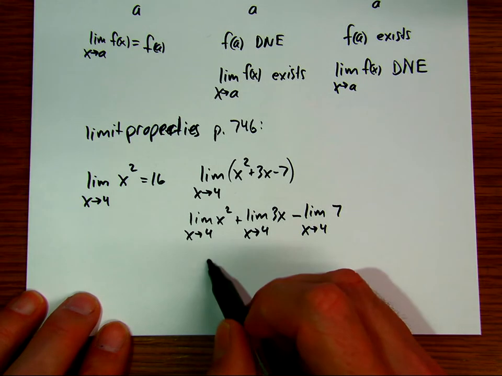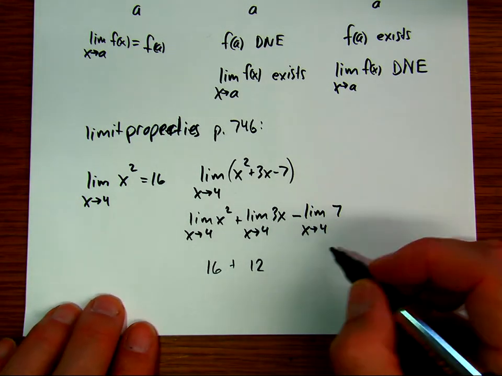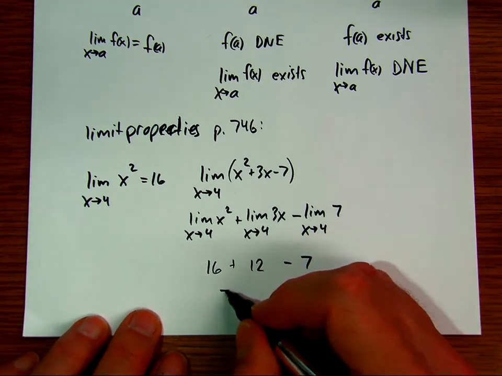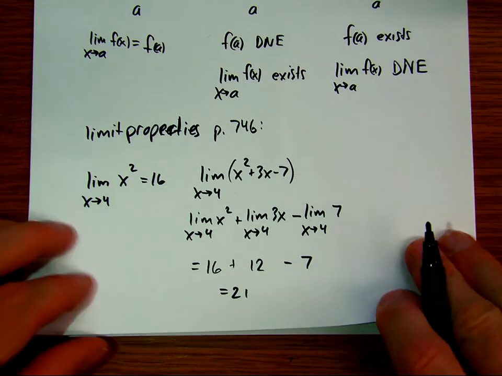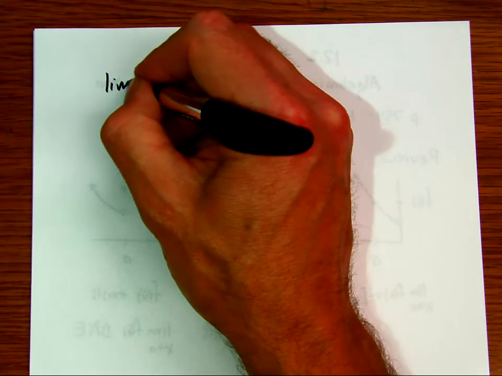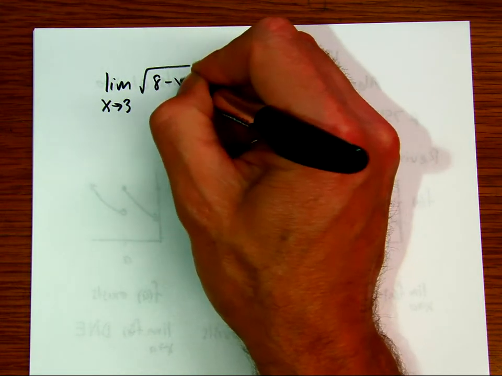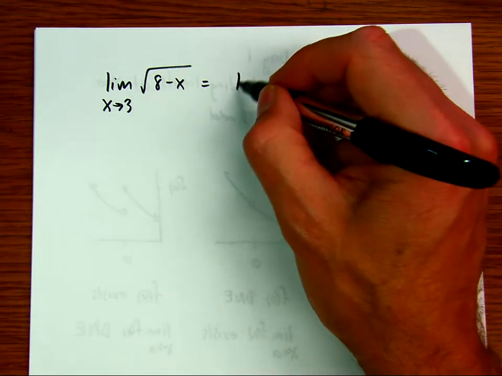So the limit of this is 16. We put a 4 in there, the limit is 12. And as x goes to 4, 7 just stays 7. And we get 21. So we can just put the limit inside the radical.